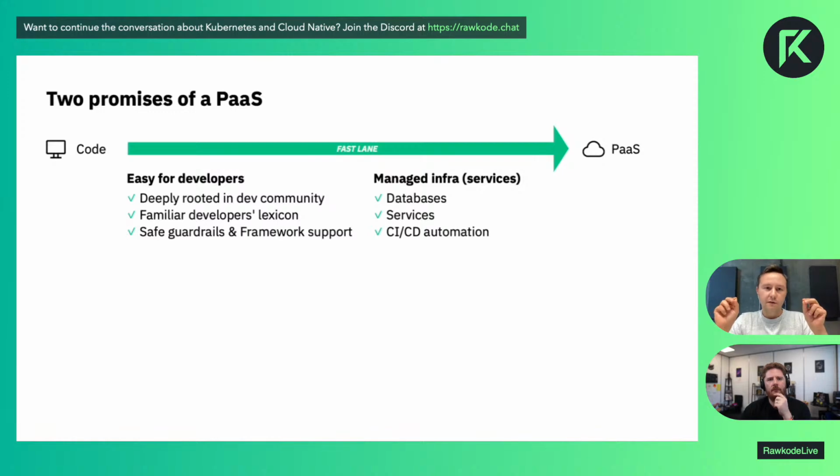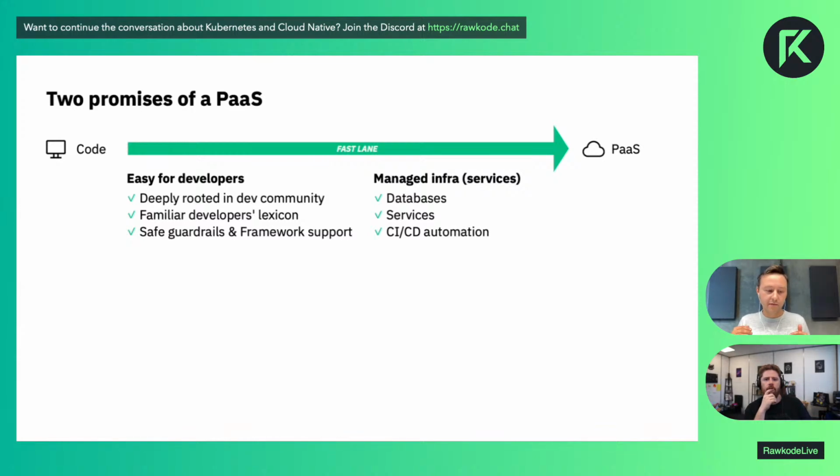I want to start with the most well-known solution for bringing developers' code and shifting it to the cloud, platform as a service. And every platform as a service has two basic promises. The first one is that it has to be easy for developers, and it's worth noting that popular platforms as a service are usually deeply rooted in and originate from the developer community, not infrastructure communities.